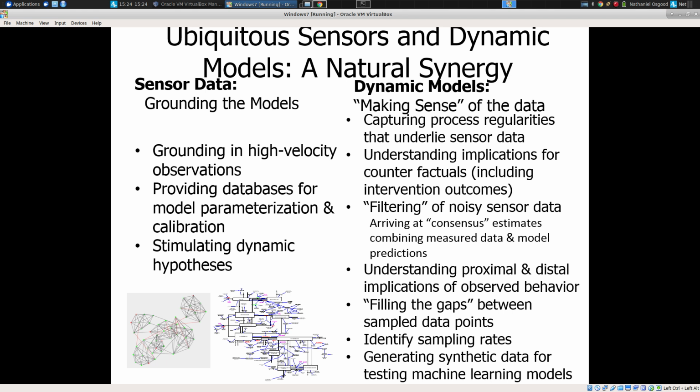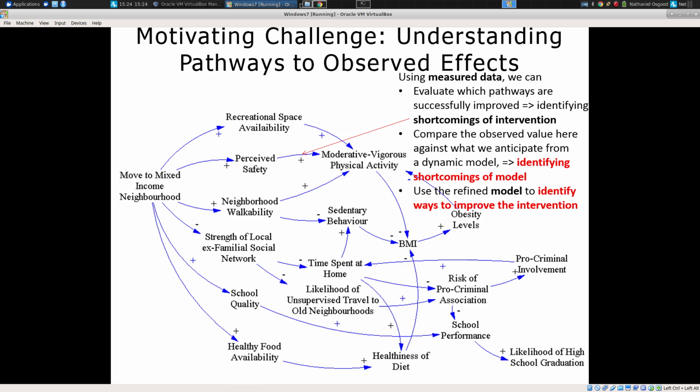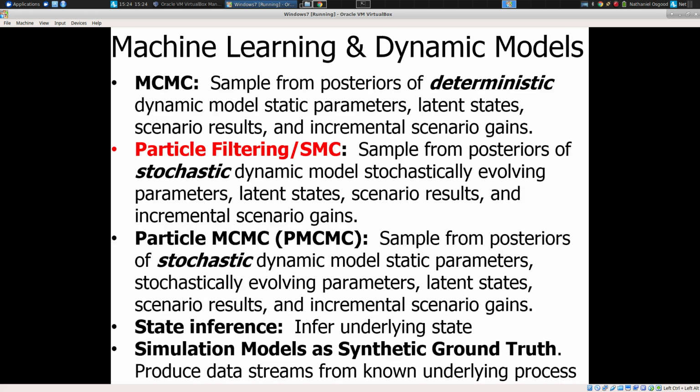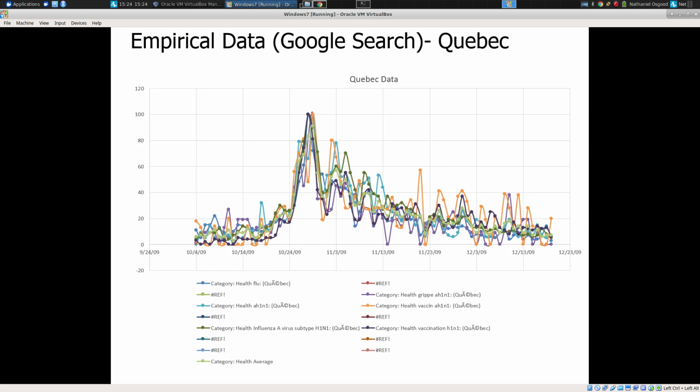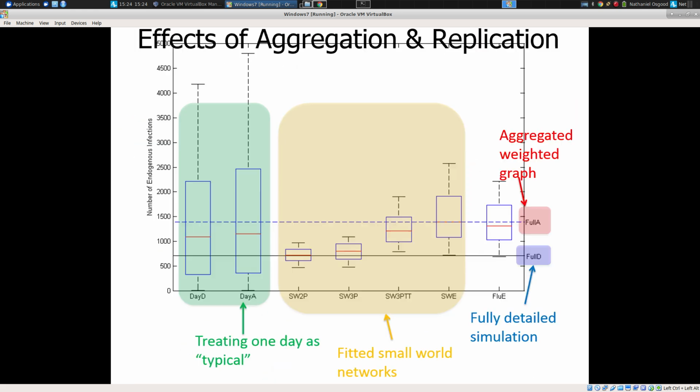It can help us understand the implications over time of what data we have collected from these mobile devices, for example, and fill the gaps between them. It can help us identify sampling rates that are suitable for our needs and motivate certain types of data collection. So I think I'll leave it there.